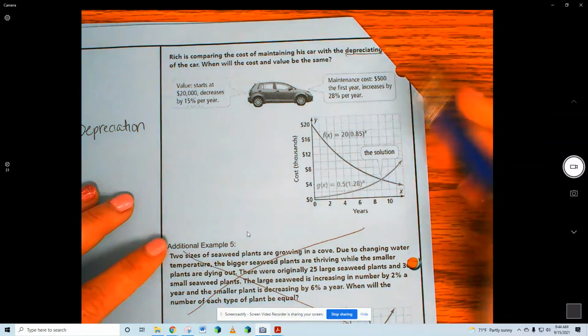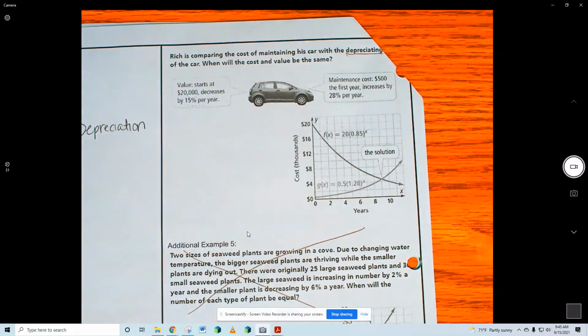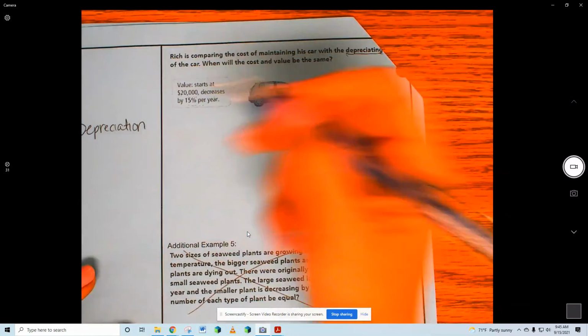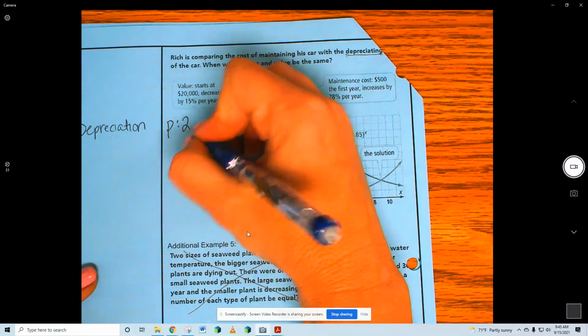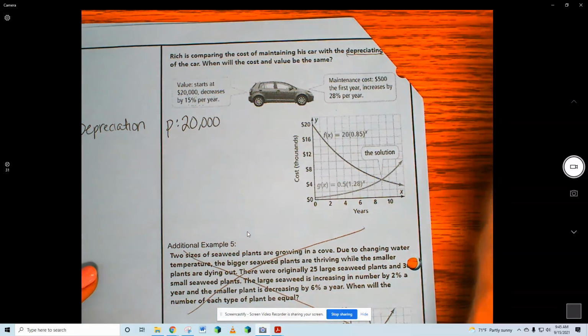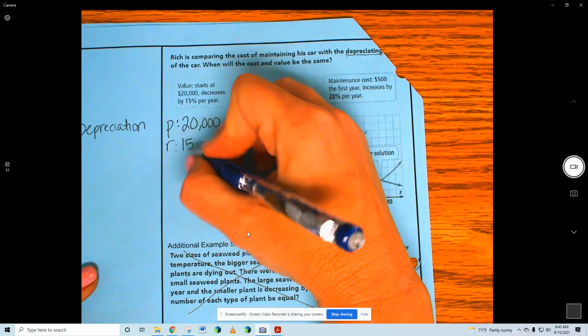They talk about how much it costs to maintain it and depreciation. Let's just talk about depreciation today. Depreciation means that my initial price, my principal, is going to be $20,000. My rate of depreciation is going to be 15%.